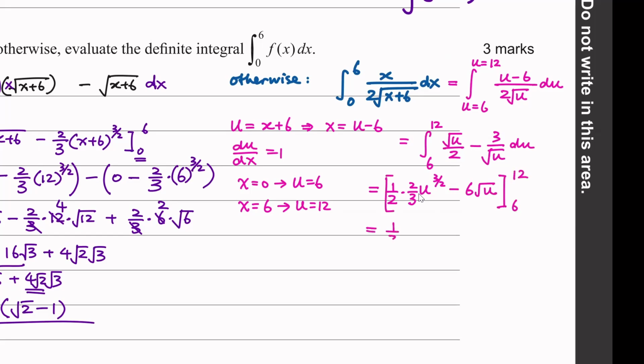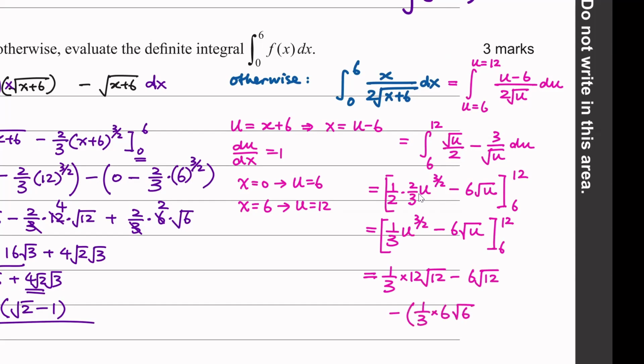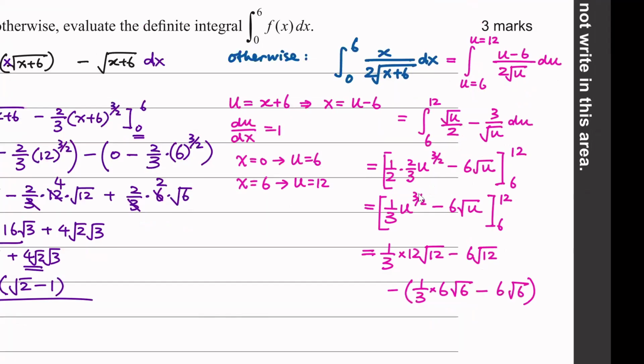And then you get a 1/3 u to the power 3 on 2, take away 6 root u, between 6 to 12. So you can actually get a 1/3 times 12 times root 12, take away 6 root 12, subtracting 1/3 times 6 root 6, take away 6 root 6.